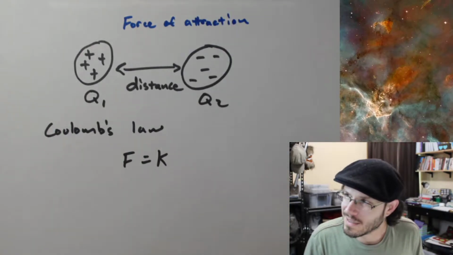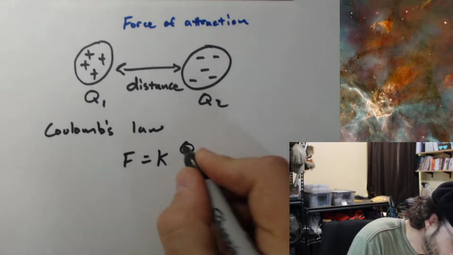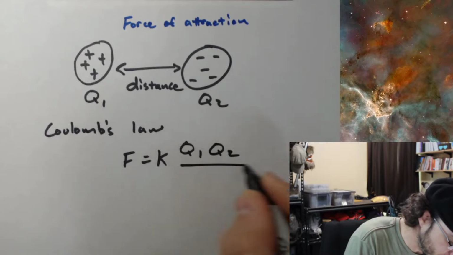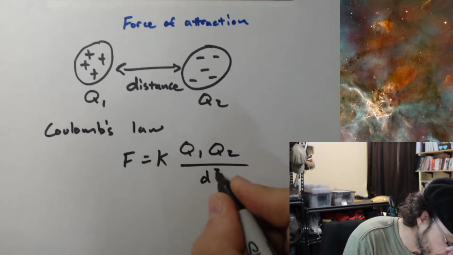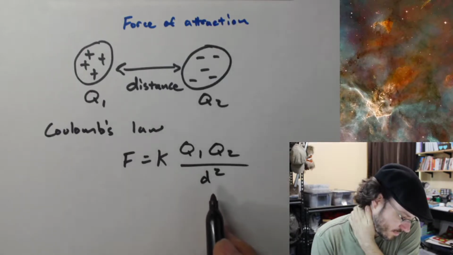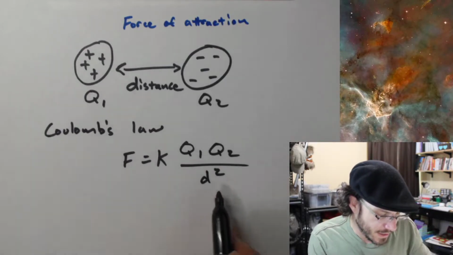Force equals some constant times the charge of Q1 times the charge of Q2 divided by the distance squared. Okay. Well, what does this mean?